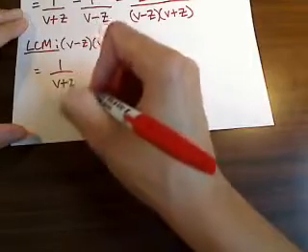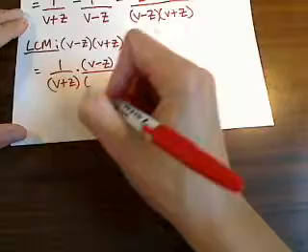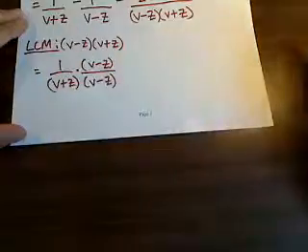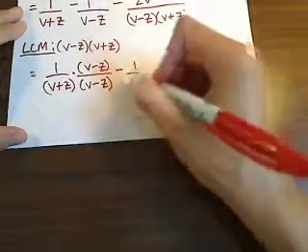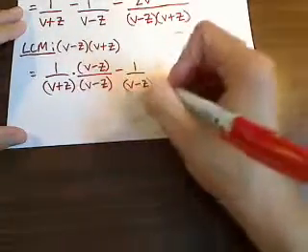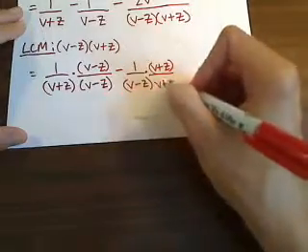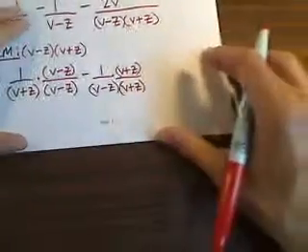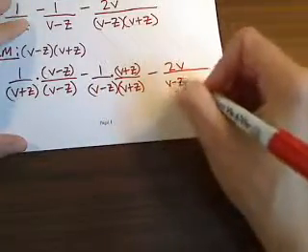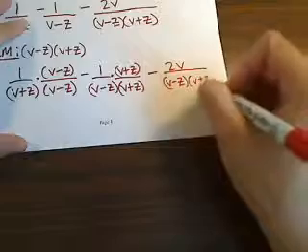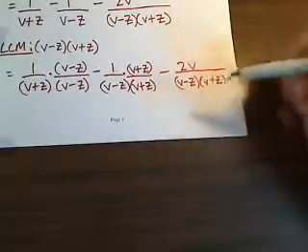Our first fraction is getting multiplied top and bottom by the v minus z, and you need to put parentheses around it because we're multiplying a quantity there. The second fraction is getting multiplied by v plus z, top and bottom, and the third fraction just comes along and nothing's being done to it.